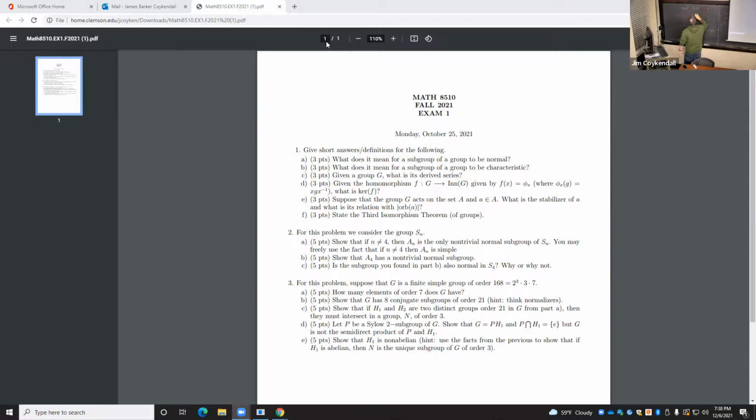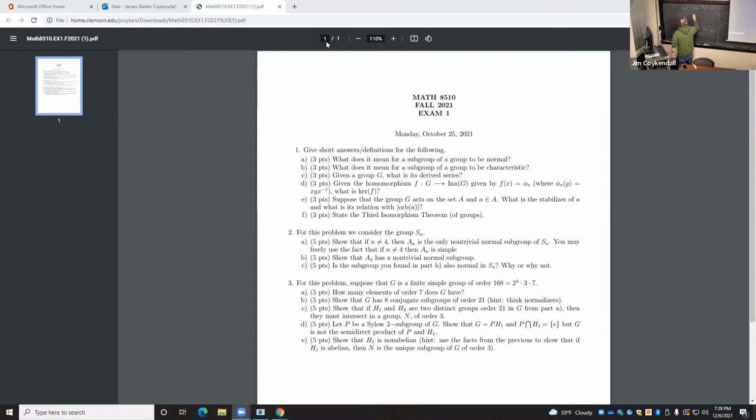The size of PH1 is 8 times 21 over 1. Showing that P intersect H1 is the identity is easy, because their orders are relatively prime.